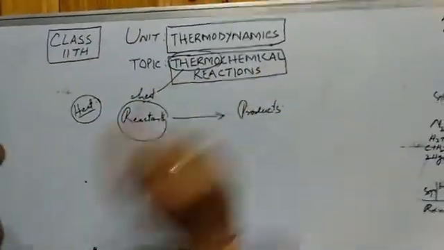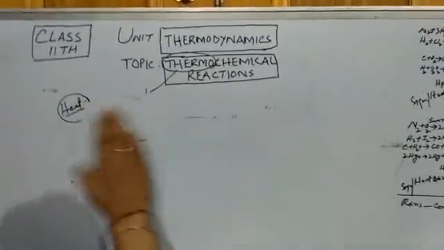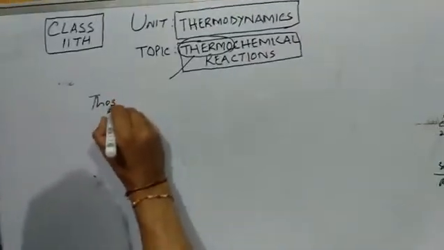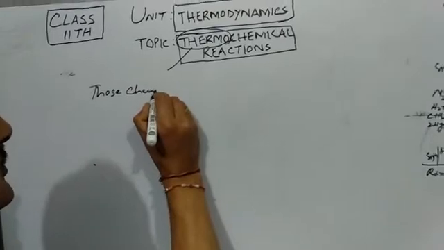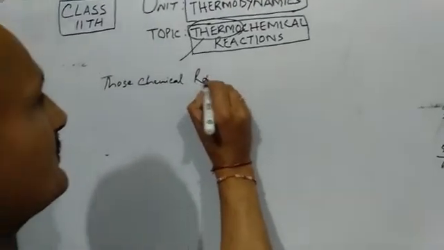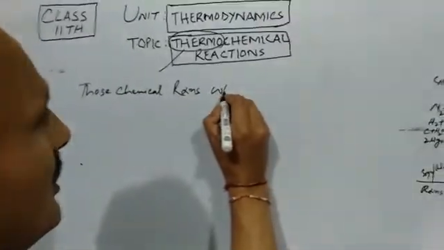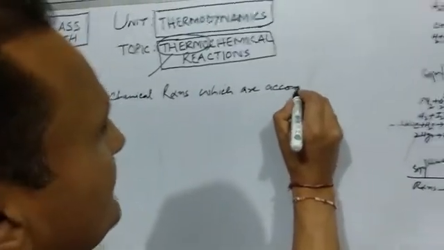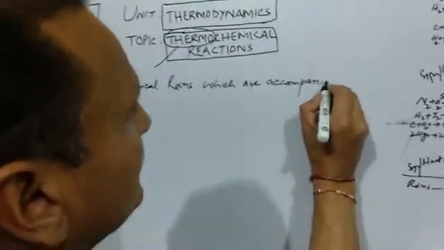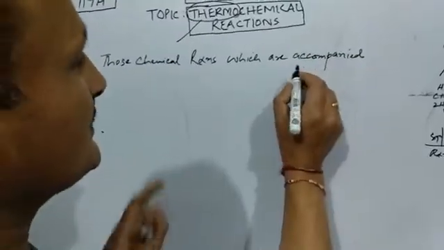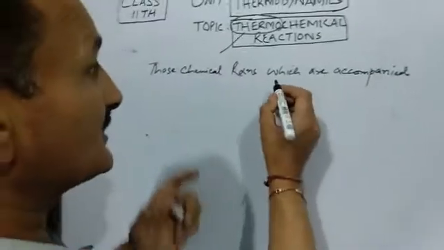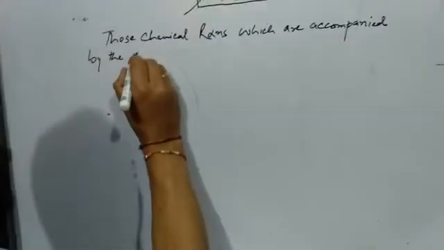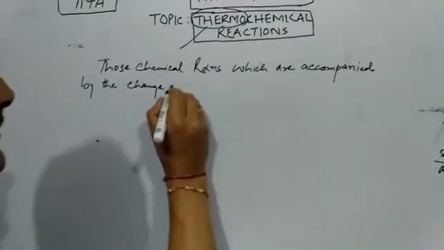Now, what are thermochemical reactions? If we go to the definition, thermochemical reactions are those chemical reactions which are accompanied, that means while they take place, by the change in therm.